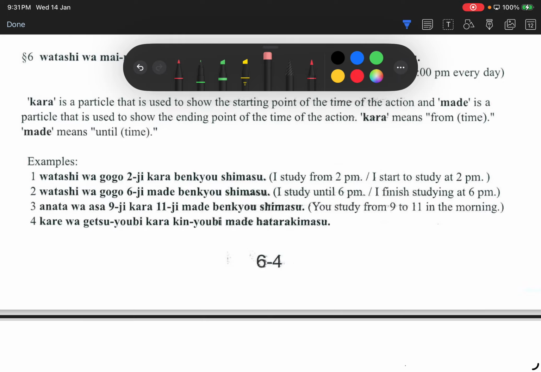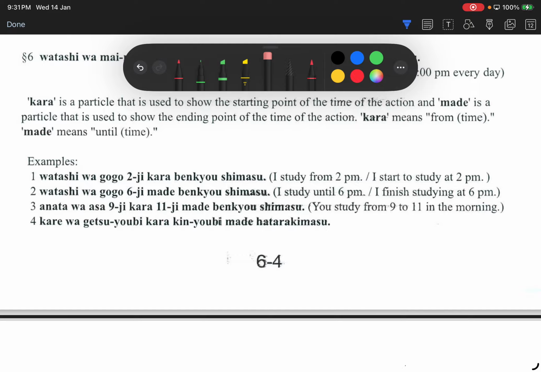Then we talk about number 3. あなたは, so about you now, あなたは朝9時, morning 9 o'clock から11時まで勉強します. Do you realize they don't use the word gozen? Instead they use the word asa.